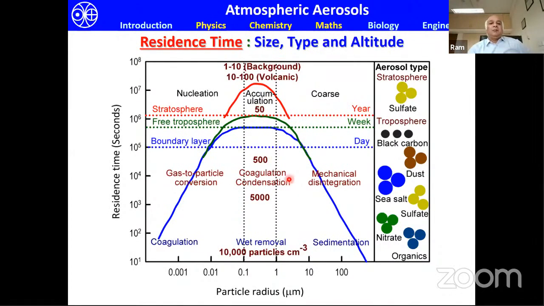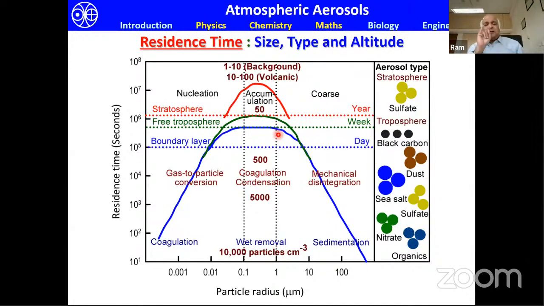When you go to the boundary layer, roughly about 3 kilometers or so, you can see a large decrease from 10,000 to about 500 particles. You go up a little further to the free troposphere, which is about 5 or 7 kilometers, then the number of particles will decrease, and further still, the stratosphere, for example, about 17 to 20 kilometers and above, the number of particles will become even smaller.